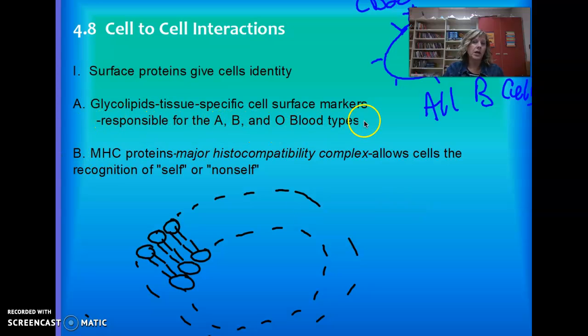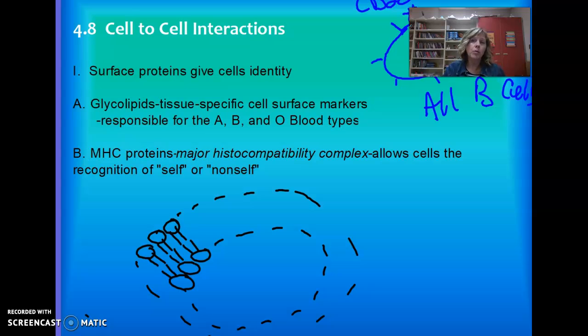We know this in blood types. So there's A, B, and O, and AB blood types. So it's actually some types of lipids that are tissue-specific cell markers that give cells their identities and make them different from each other. Major histocompatibility proteins also allow the cell to recognize self or non-self.